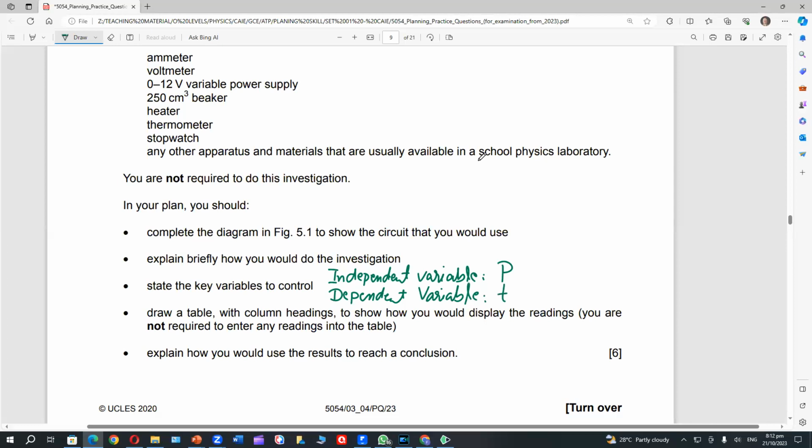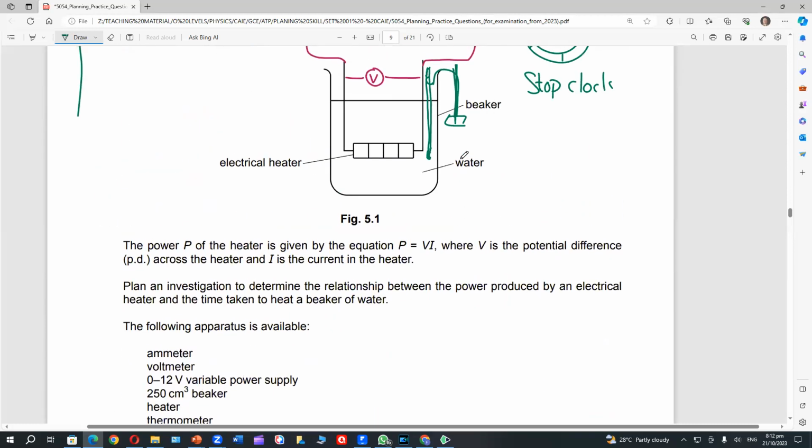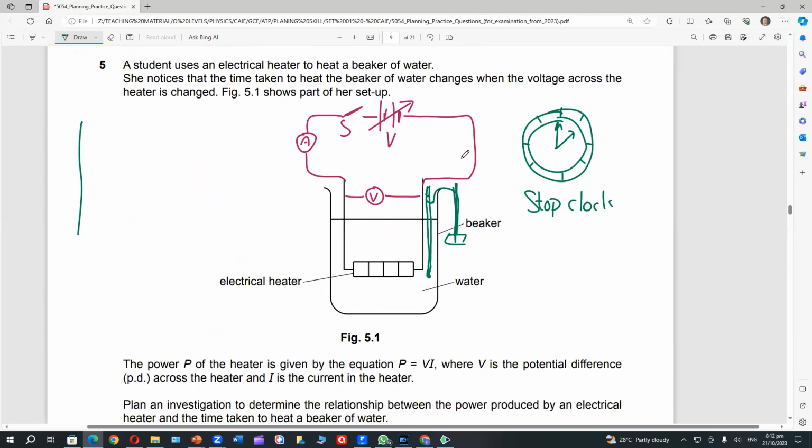Power is the independent variable and the dependent variable is time. So I will make a table here.